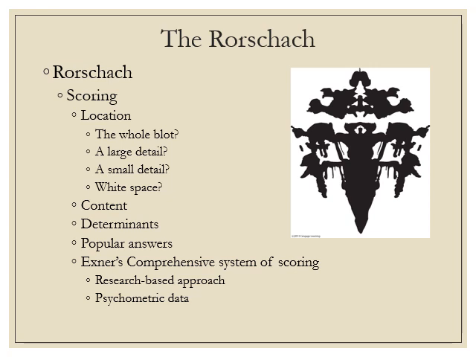So Rorschach scoring is very complicated. It takes a lot of training to do the scoring, but in the scoring, the examiner is interested in the location, as I mentioned before. So was the person responding to the whole ink blot, to a large detail in the ink blot, small details in the ink blot?